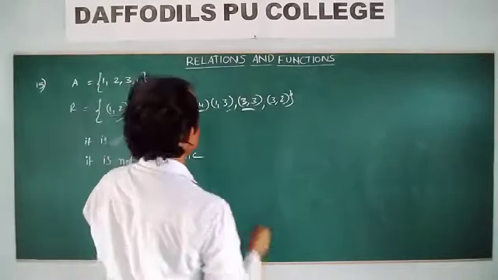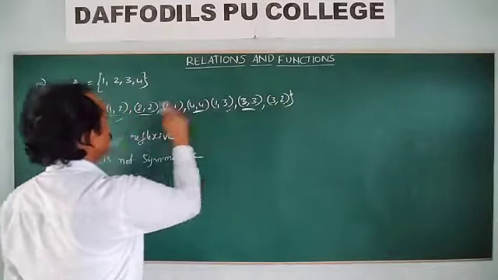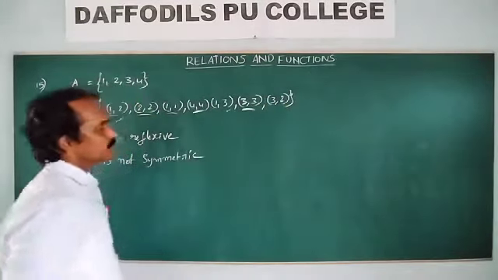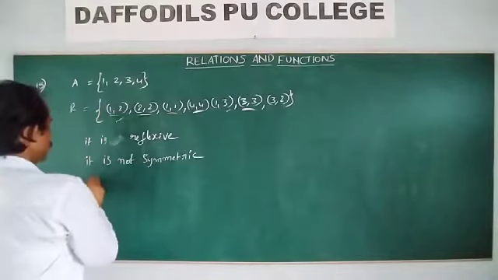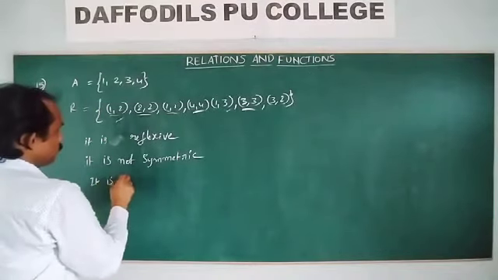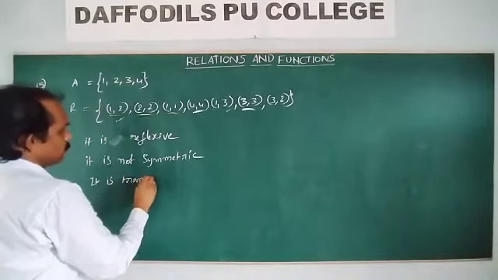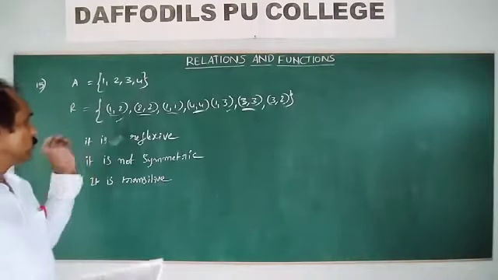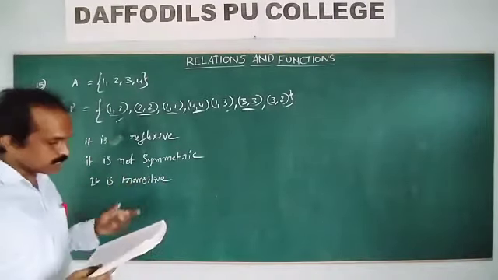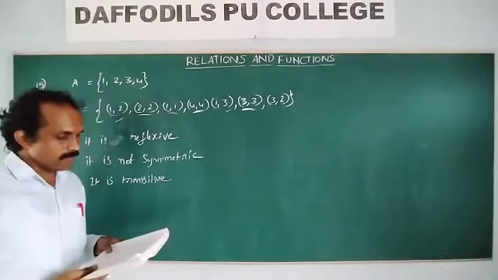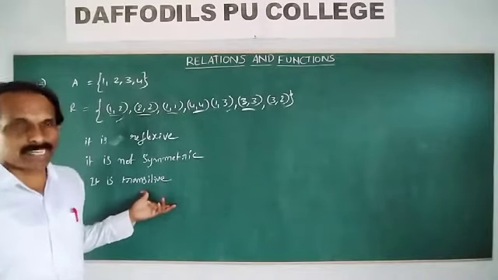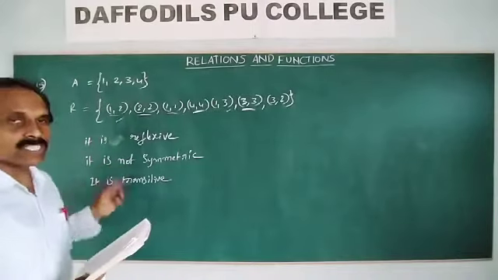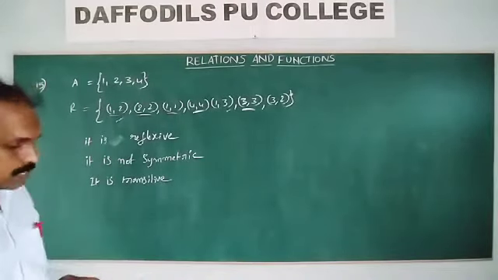Also (3, 2), (2, 2) gives (3, 2). So it is transitive. So reflexive, not symmetric, transitive. Which option? Reflexive and transitive, but not symmetric. So the second option is the correct answer.